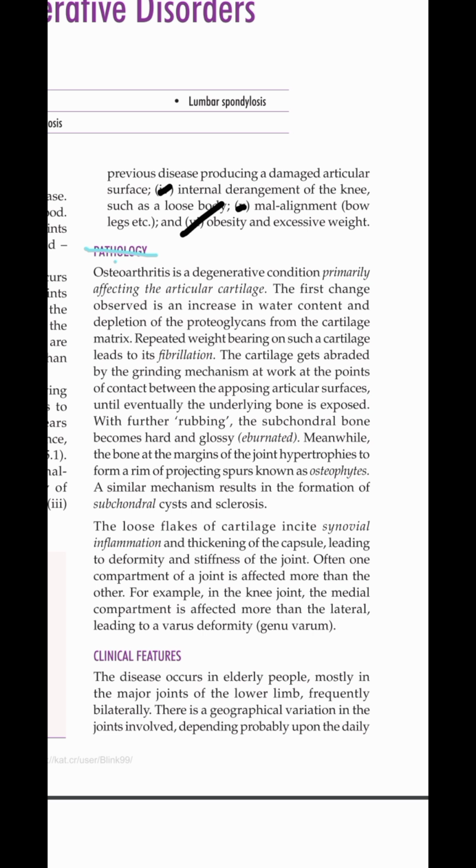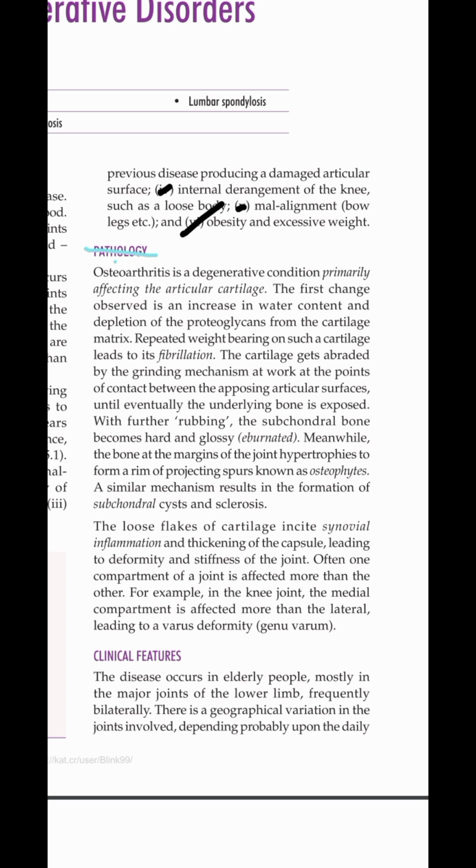Meanwhile, the bone at the margin of a joint hypertrophies to form a rim of a projecting spur known as osteophytes. A similar mechanism results in the formation of subchondral cyst and sclerosis.